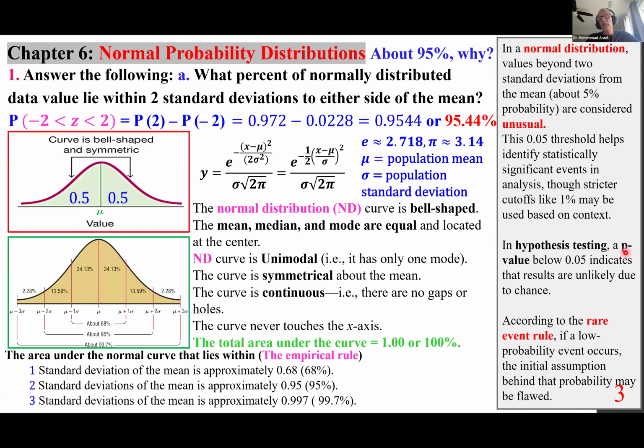In hypothesis testing, a p-value below 0.05 indicates that results are unlikely due to chance. According to the rare event rule, if a low probability event occurs, the initial assumption behind the probability will be flawed. That is why this 5% is important, and we'll discuss it further as we come across the concept of a test of hypothesis and the p-value.